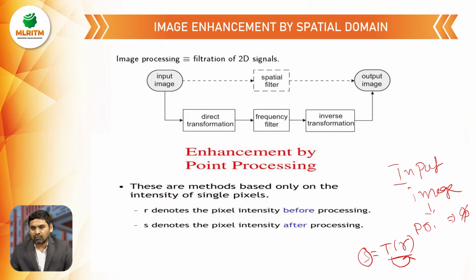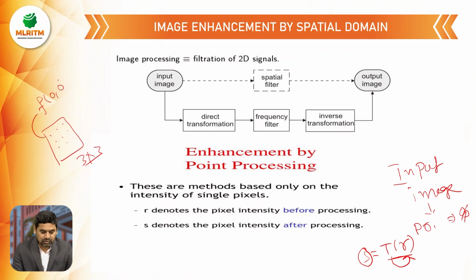If we want to modify particular pixels, suppose we take a 3 by 3 size image, a matrix representation with 3 rows and 3 columns. I want to change the first row and first column, which represents f of 0, 0. I need to make some modification on the f of 0, 0 coordinate pixel value.